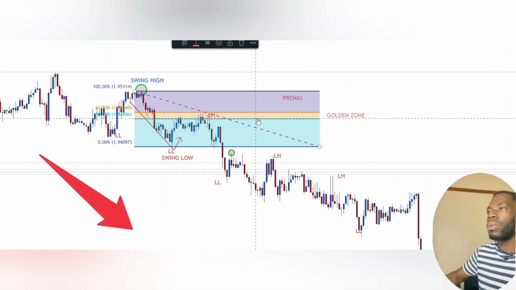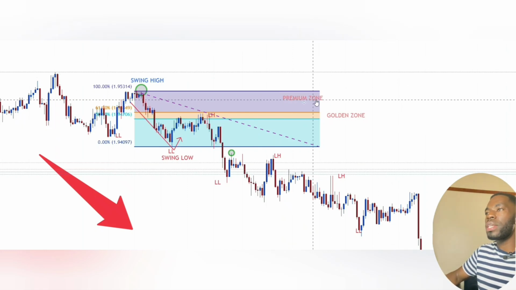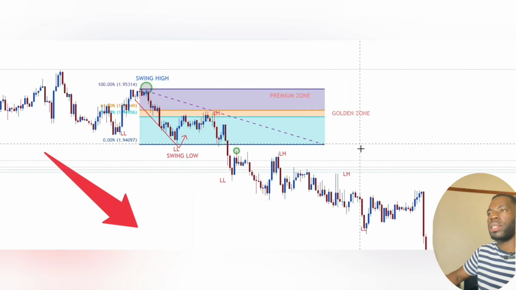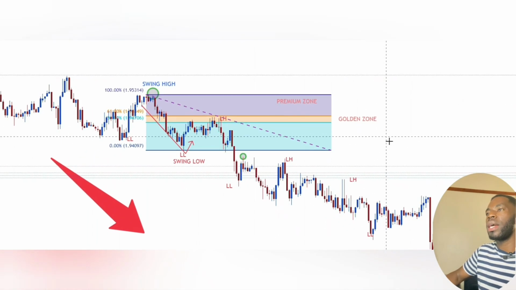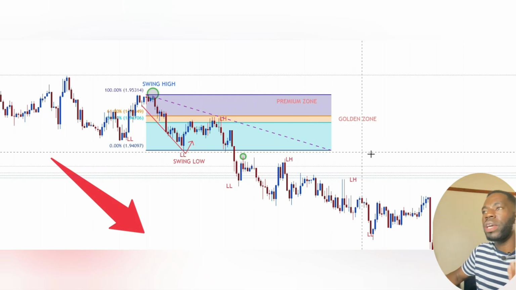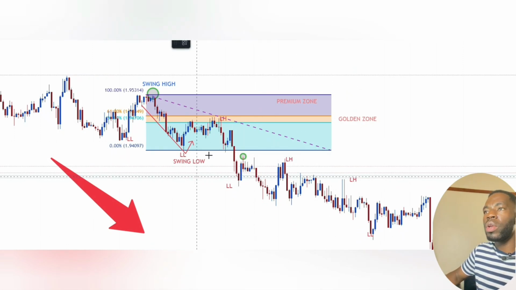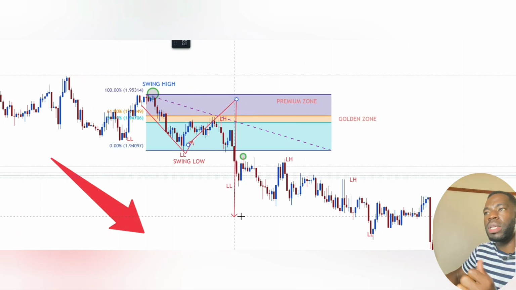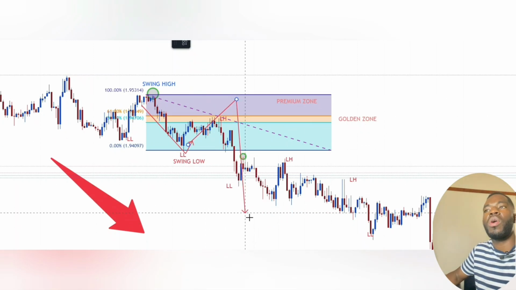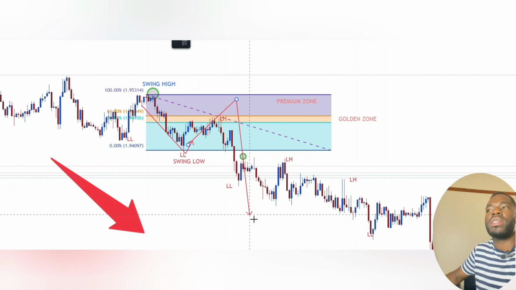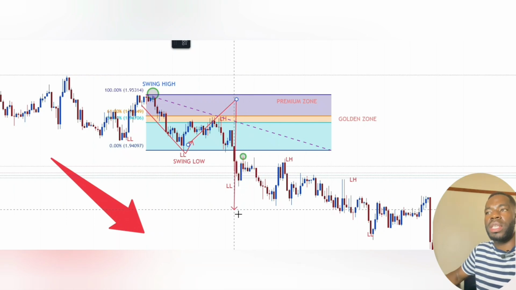Sometimes the price returns to the premium zone before dropping downwards, so take note of that. It will not always be perfect that it will come to only the golden zone. Sometimes the price will retrace all the way to the premium before dropping down. The premium is the highest price where most sellers would be selling at.